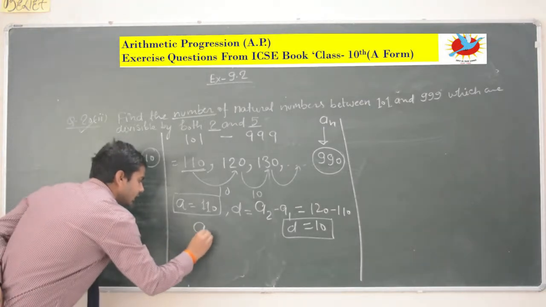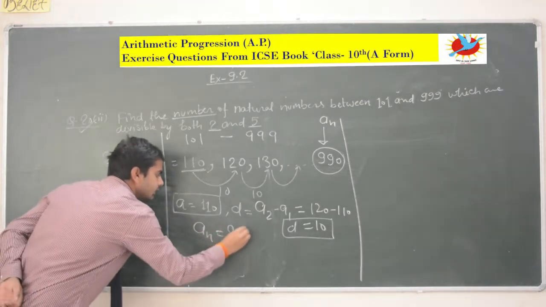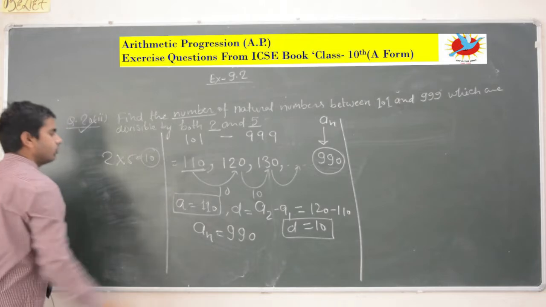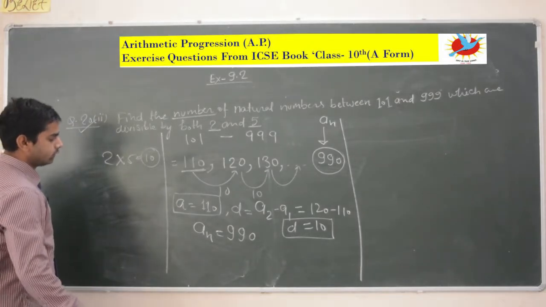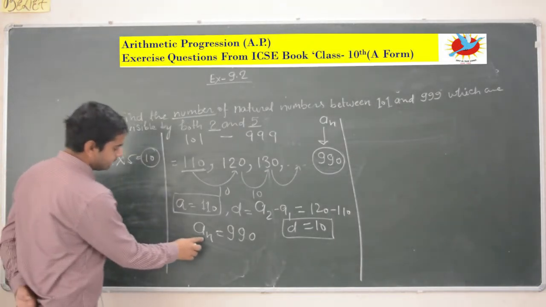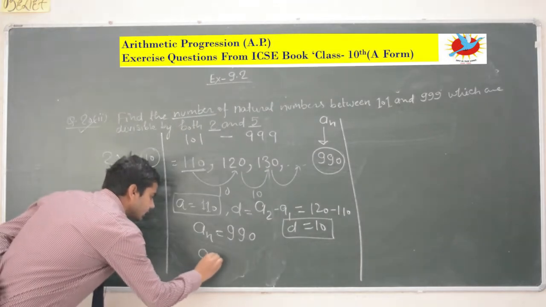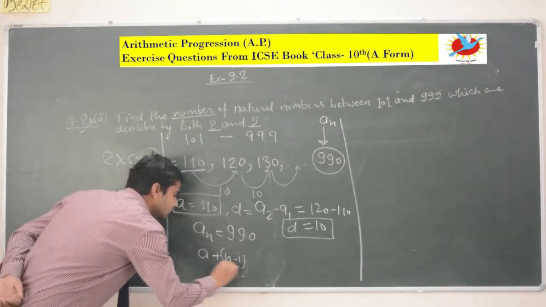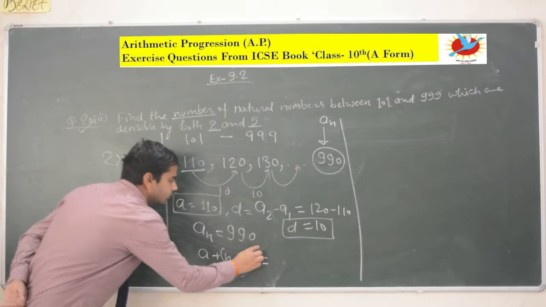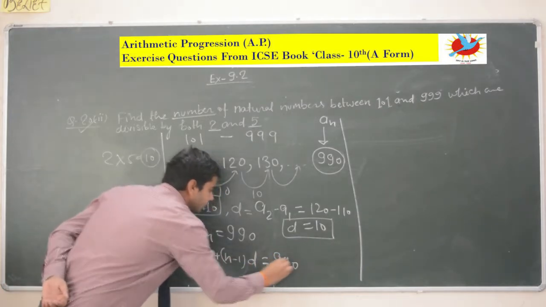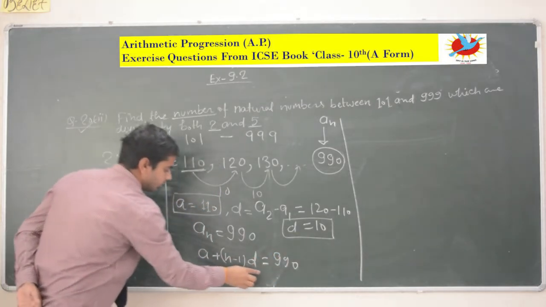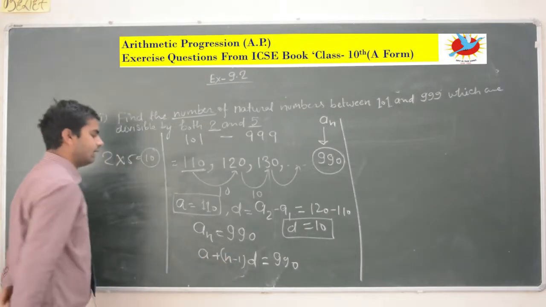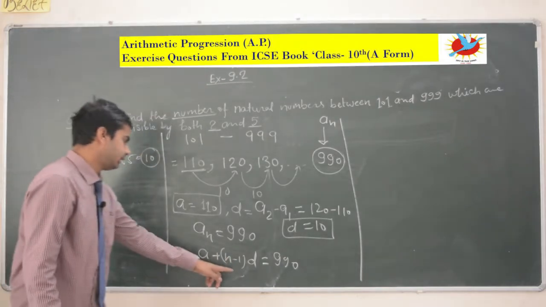So here an is 990, and we know the formula of the nth term of an AP is A plus n minus 1 into D, and that is equal to 990. Here we know the value of A, we know the value of D, but we don't know the value of n, and we have to calculate that value.